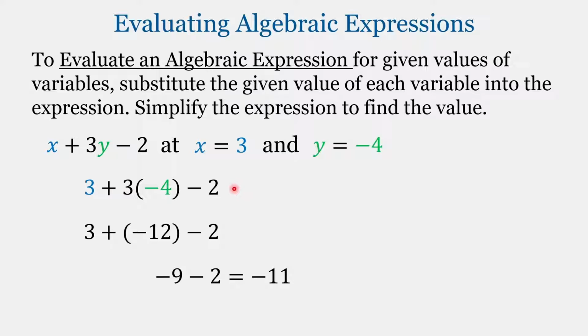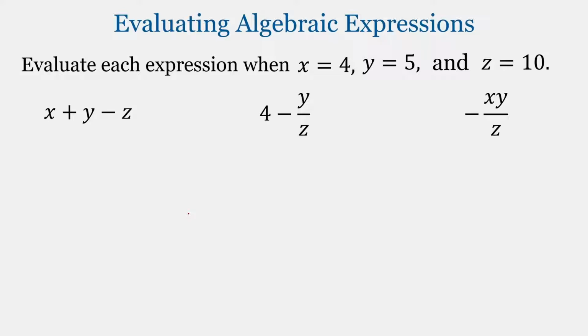We will then use order of operations, or PEMDAS, to simplify down the expression. In this case, we get -11. So this expression, x plus 3y minus 2, has a value of -11 when x is equal to 3 and y is equal to -4.